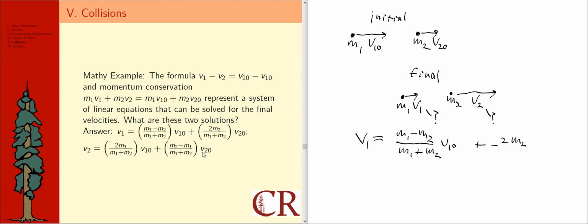I'm probably going to move them around a little bit. But this is that first formula that I want to have. It's important I don't forget subscripts here. That one's V2 naught. And then V2 is equal to 2 M1 over M1 plus M2 V1 naught.